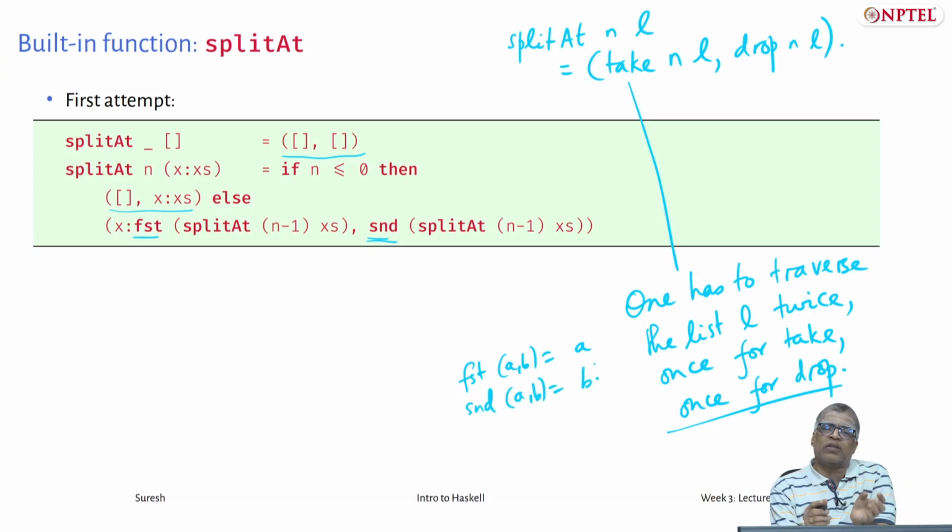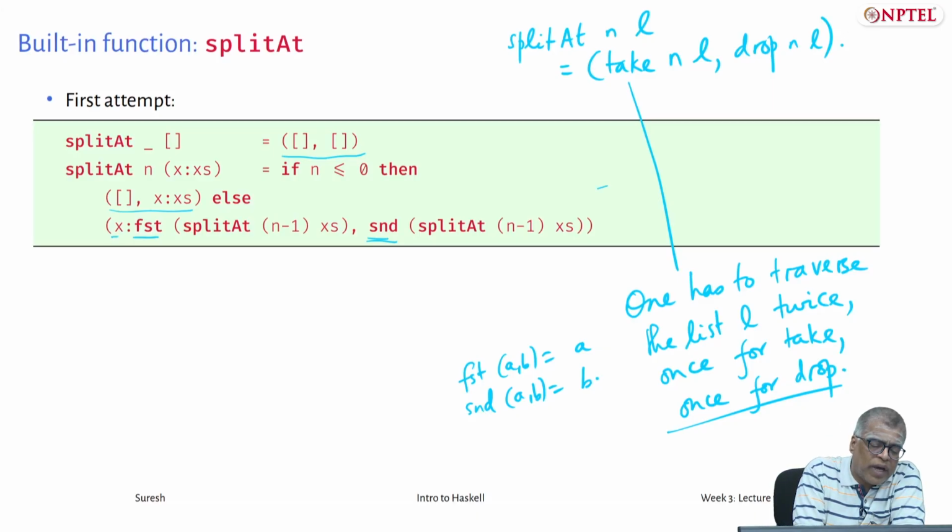So, I will take the first part of splitAt n minus 1 x's, and the second part of splitAt n minus 1 x's. For the drop part, I don't need to do anything. For the take part, I need to add x to the front of that. So, I do x followed by fst of splitAt n minus 1 x's, and then snd of splitAt n minus 1 x's. Let us look at an example. So, suppose I want to do splitAt 3 [1, 2, 3, 4, 5].